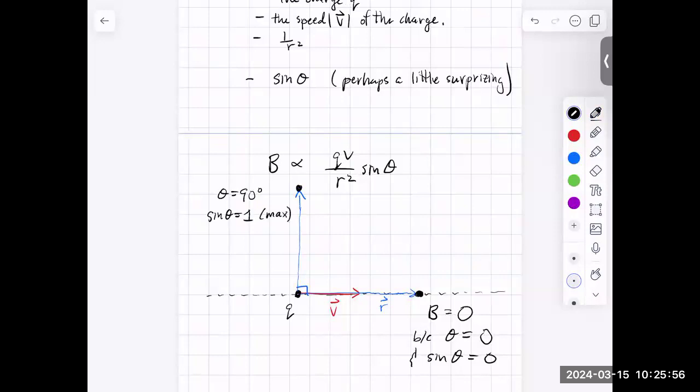And so that means the magnetic field is a maximum at this point for whatever the length of R is.